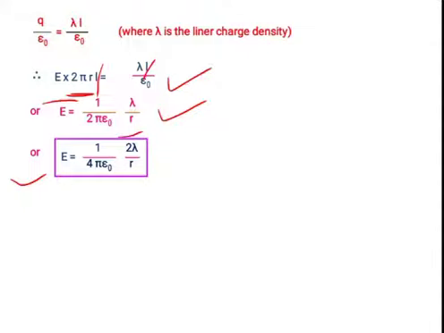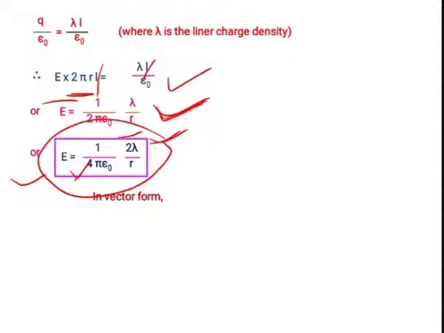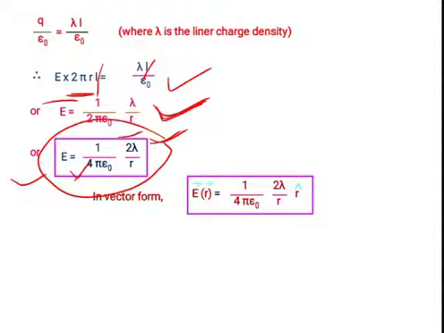If you do not multiply, you can keep it like this also, which is also correct. Or if you want to express it this way, I just multiplied by 2 in the denominator and by 2 in the numerator. In vector form, vector E is equal to 1 by 4 pi epsilon naught times 2 lambda divided by R, for the distance R, that is the reason for R cap. Why do we write R cap? We discussed already in the previous videos. It shows the direction of this E.